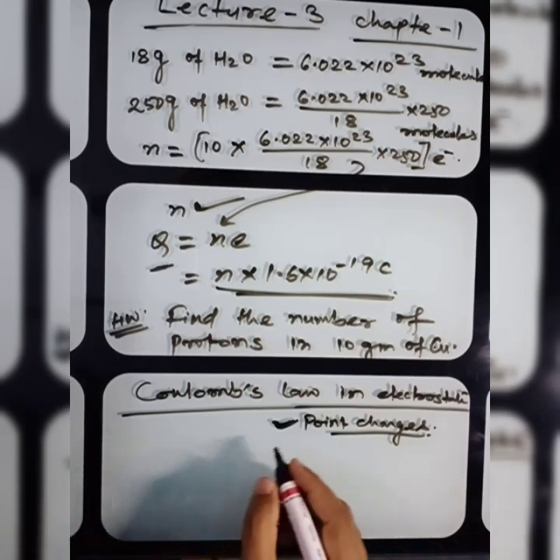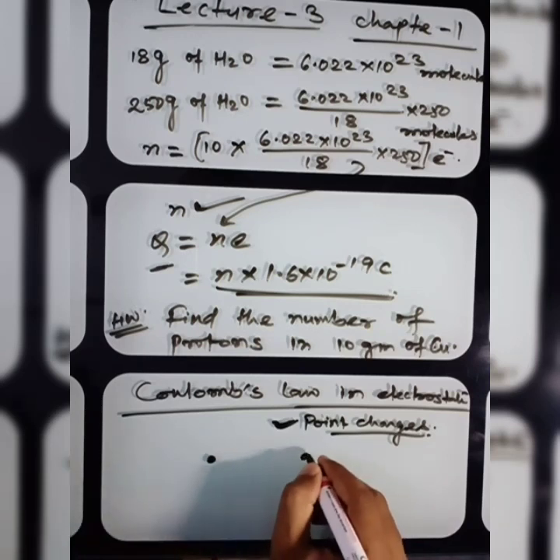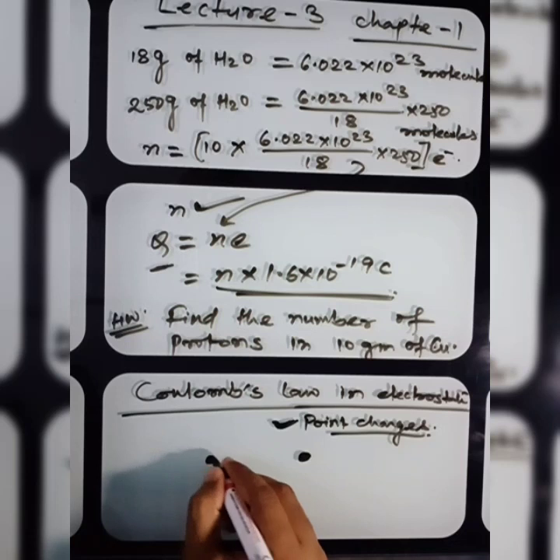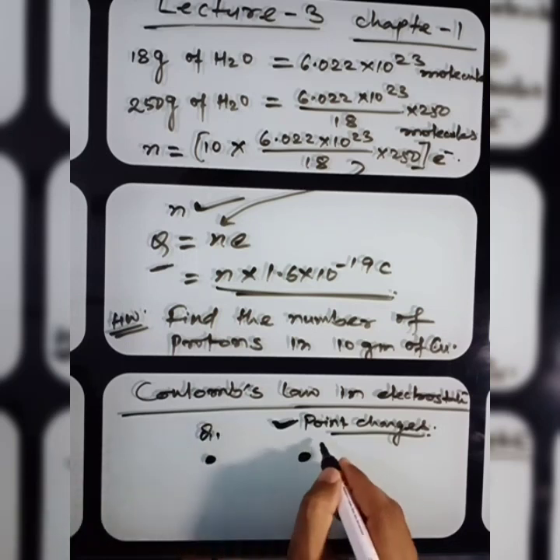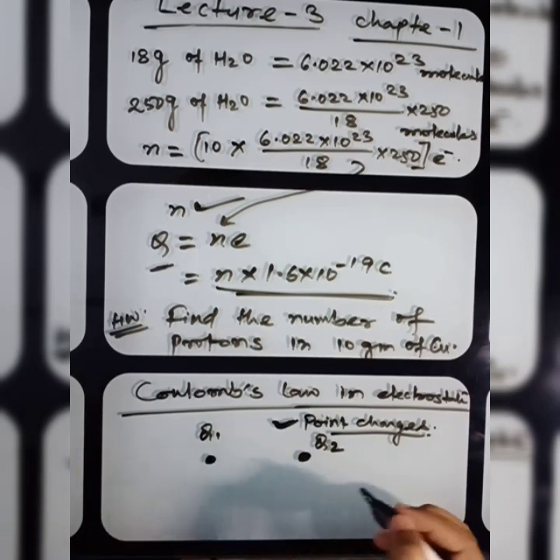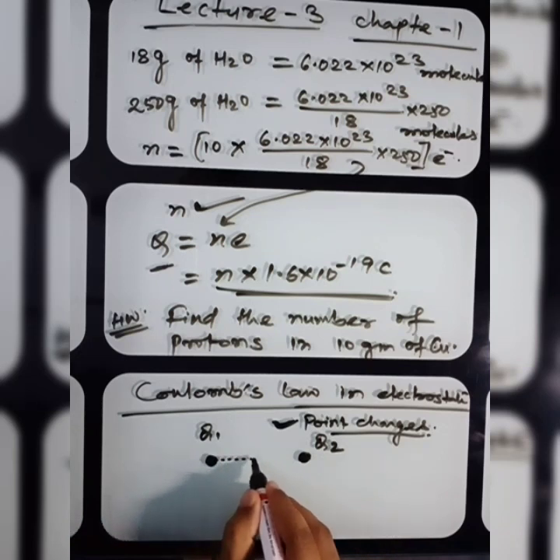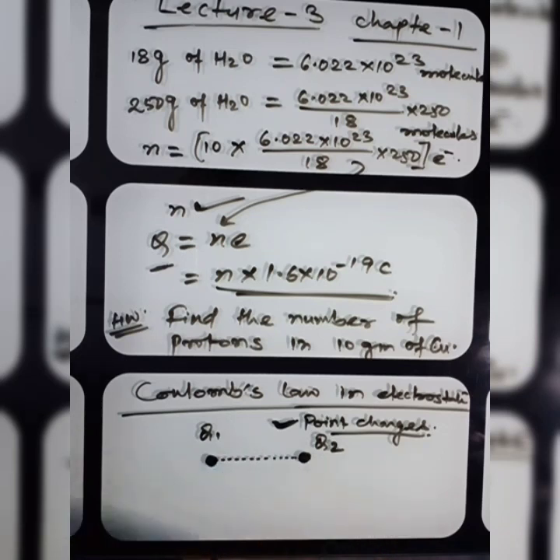Coulomb actually found that if we have two charges, here the two charges Q1 and Q2, right now I am telling you the magnitude of force. Later on we will discuss the vector form of this Coulomb's law.